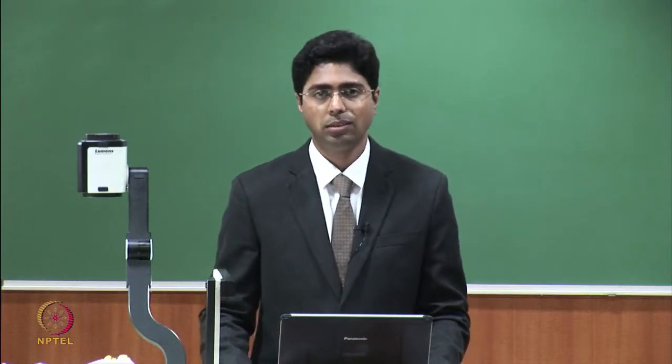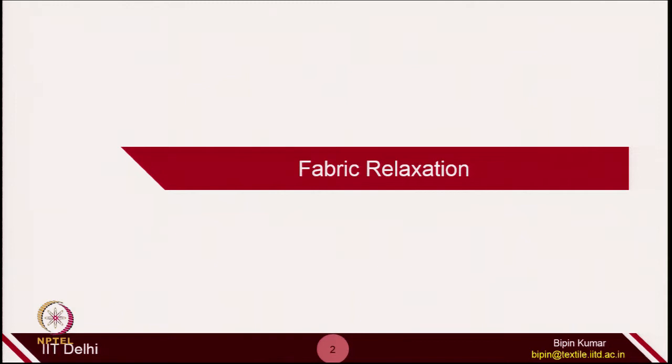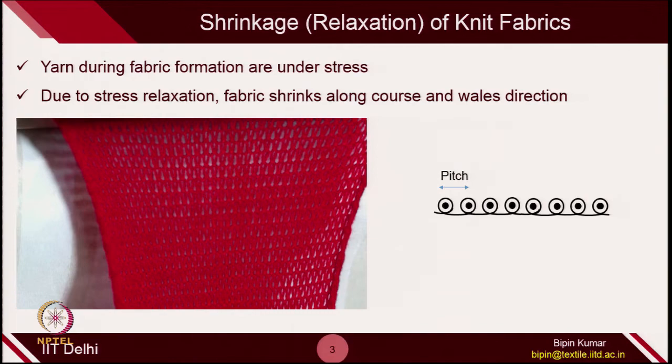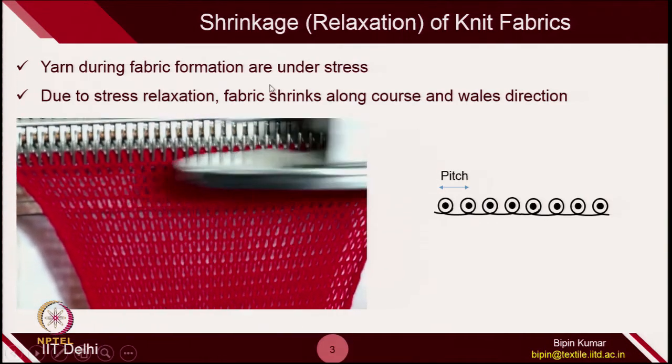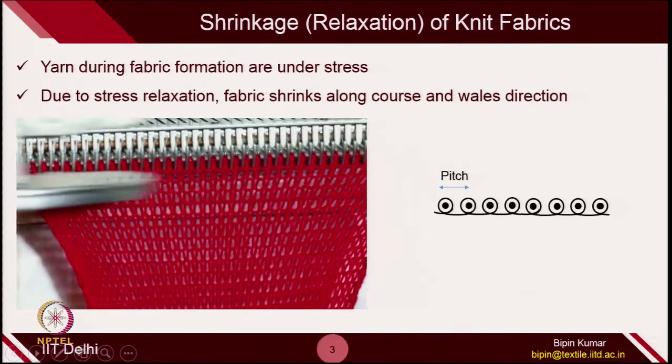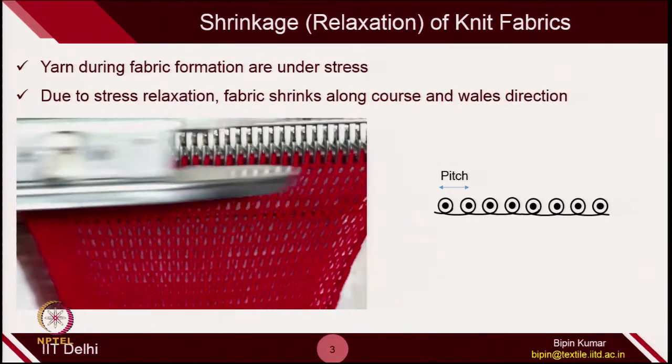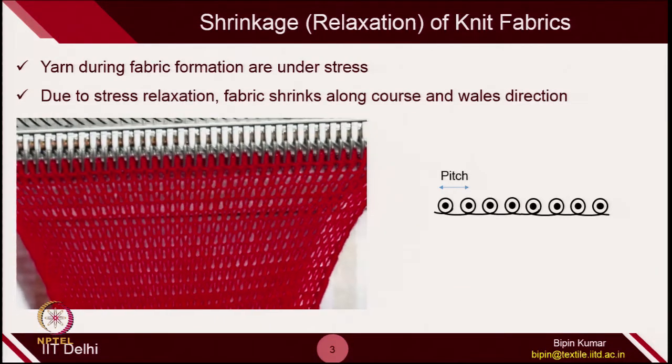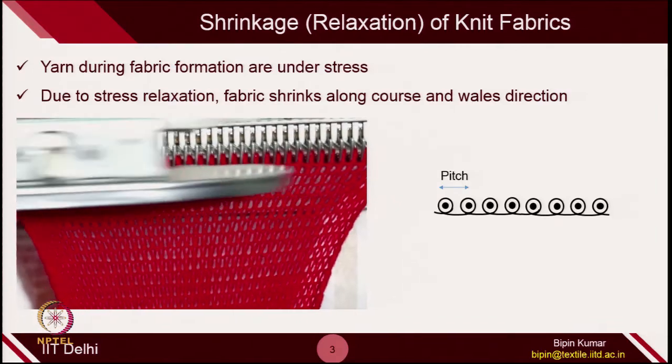First, let us try to see why there is relaxation, why the fabric relaxes in both wale direction and course direction once you take the fabric out of the machine. If you see the fabric on the machine, you apply dead weight at the bottom and you keep running the carrier from left to right and right to left.